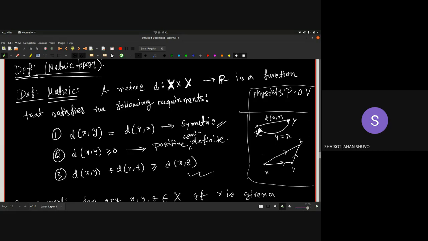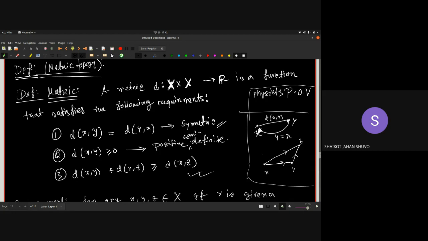Or in a mathematical sense, you have some space. You define a metric d from X cross X, the Cartesian product of two sets. So one of the sets will carry terms like 1, 2, 3, 4, 5, 6, 7, 8, 9, and so on, and you make a Cartesian product with the other set.